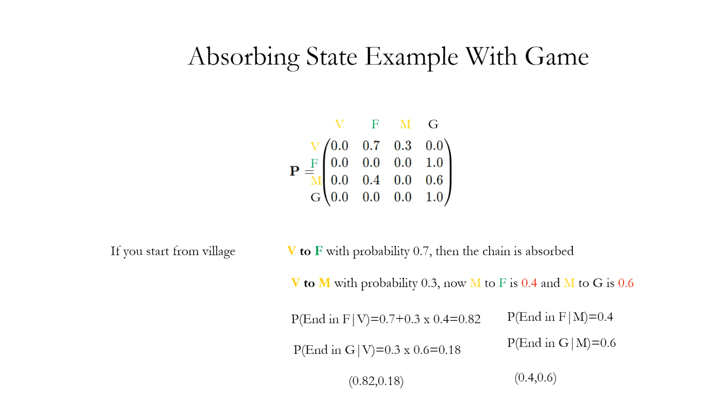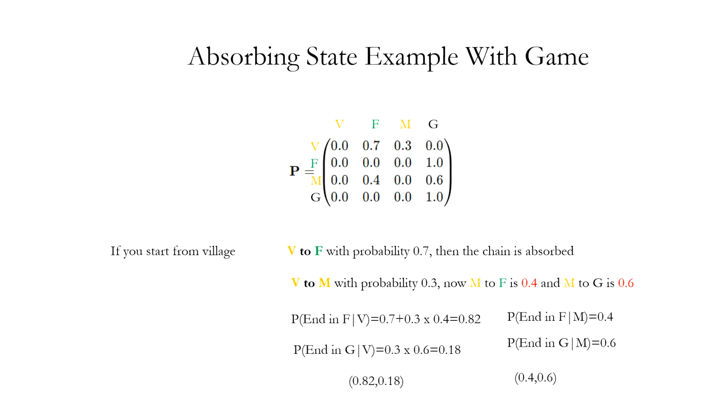V to M with probability 0.3, then M to F is 0.4, and M to G is 0.6. So we use that law of total probability. End in F given V is 0.7 plus 0.3 times 0.4, which is 0.82.